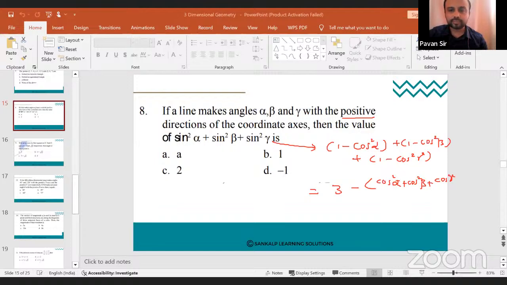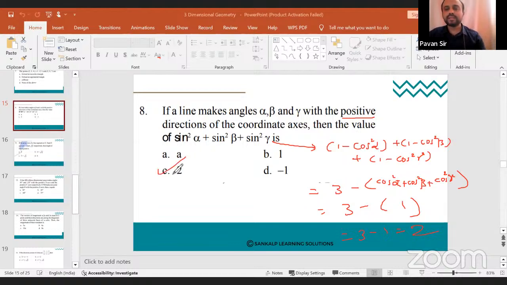Yes, so 3 minus cos square alpha plus cos square beta plus cos square gamma. It is 1. So 3 minus 1 is how much? It is nothing but 2.